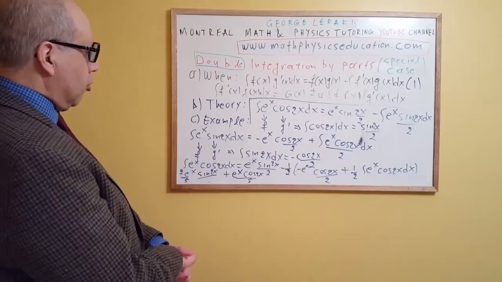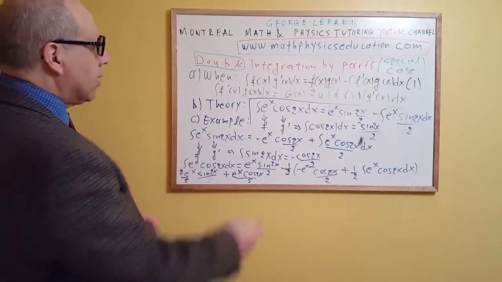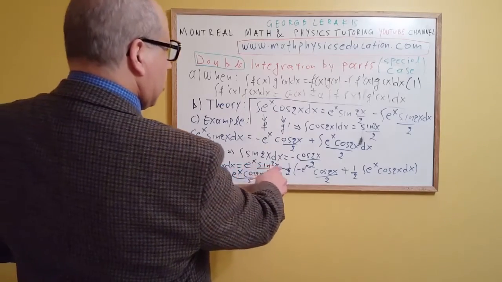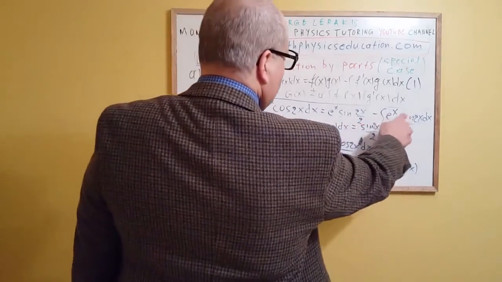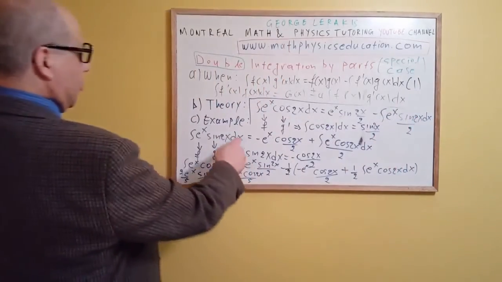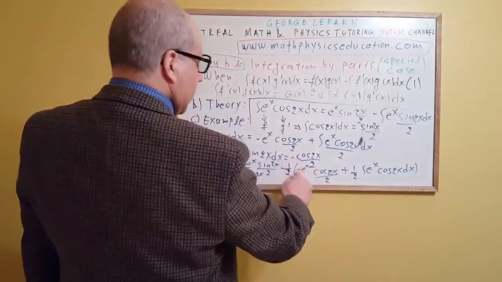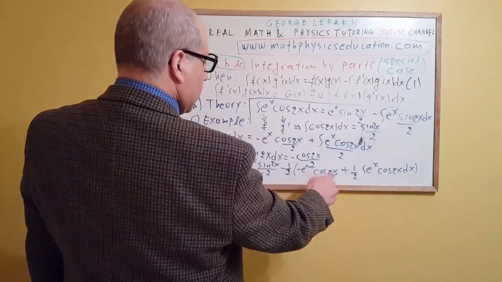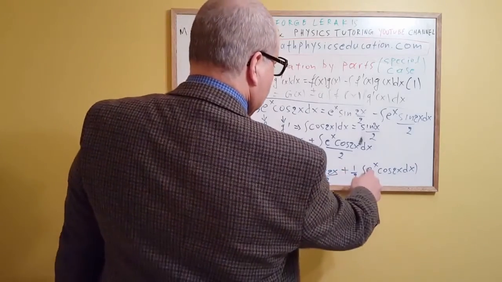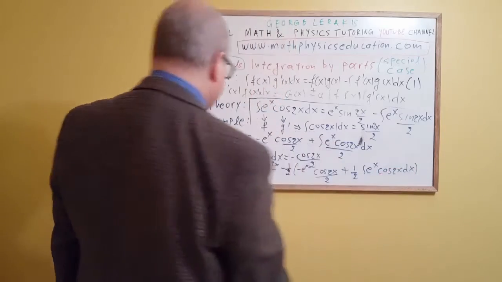So now we just go back here, and we substitute this integral from here. We take out the minus 1/2, and we do the substitution here: e to the x cos 2x over 2 plus 1/2 the integral of e to the x cos 2x dx.